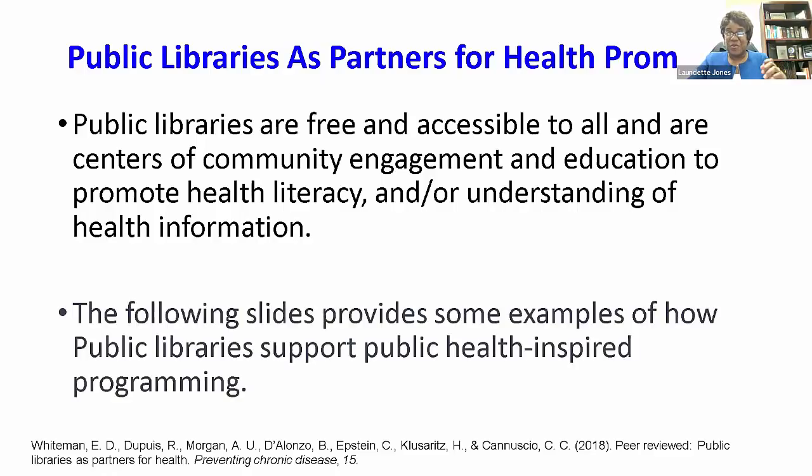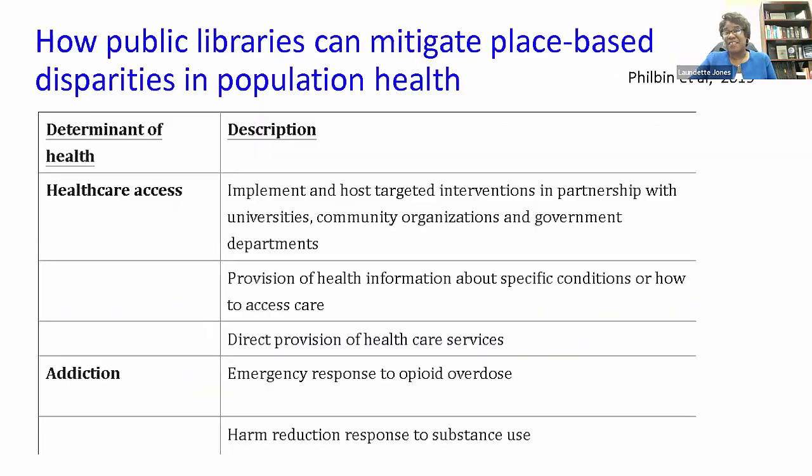In the following slides, I'm just going to give you a couple of examples of how public libraries were supporting and being part of public health inspired programming to improve health. Maybe these are some things that you all could be doing in your library. So the question: how can public libraries mitigate place-based disparities in population health?